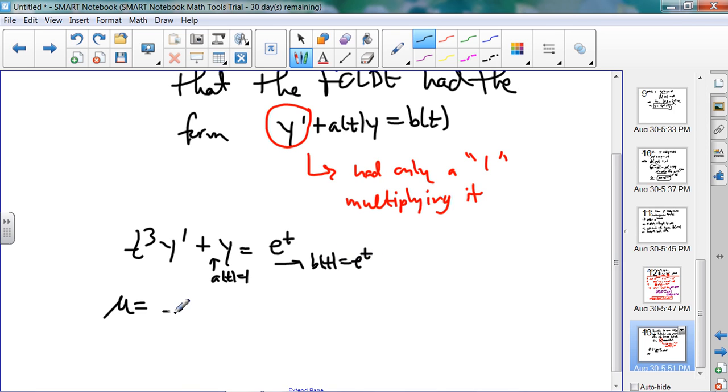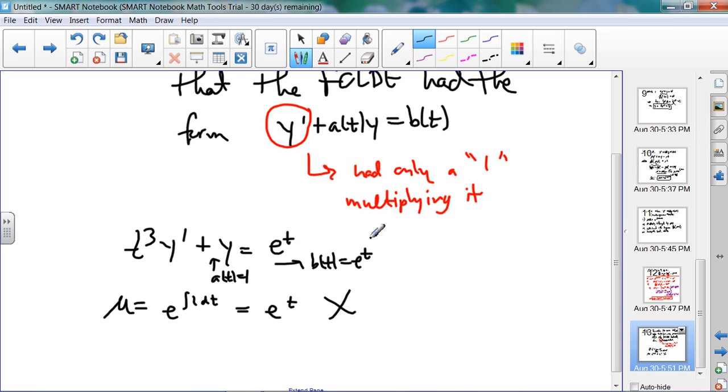So I'm just going to do e to the integral of 1 dt. So my integrating factor is e to the t. Unfortunately, that's not going to get you the correct answer. The whole way that we found this formula was by assuming that this was the starting point. If you change the starting point, then you'll change the formula for mu, and it will no longer be given by this.